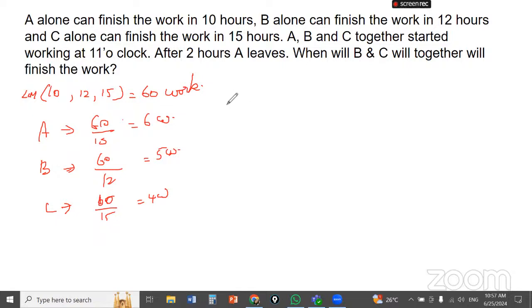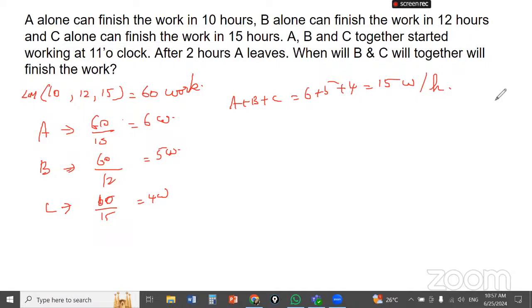So now A, B, and C together, 16 work per hour. So A, B, and C together, they'll be doing 15 works. In 1 hour, they'll be completing 15 work.